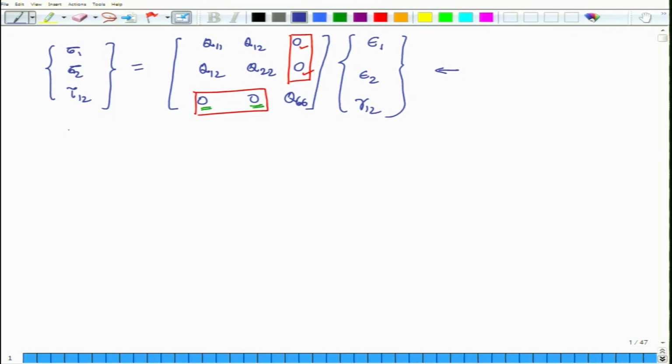For the system under a 3D stress state, the relation is something like this: sigma 11, sigma 22, sigma 33, tau 23, tau 31, tau 12.